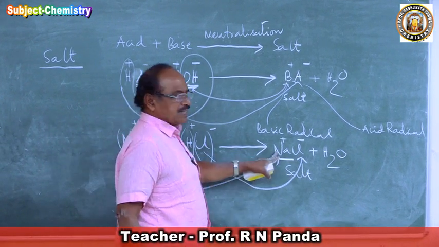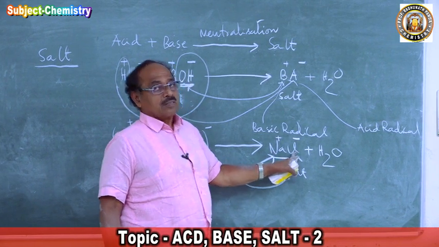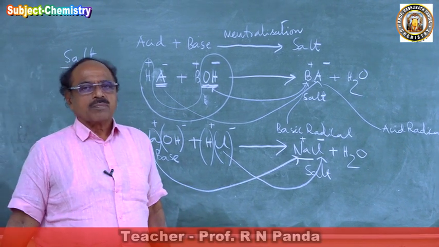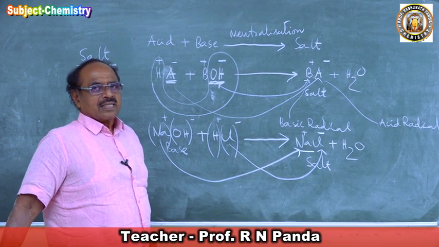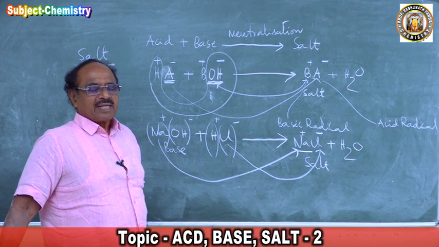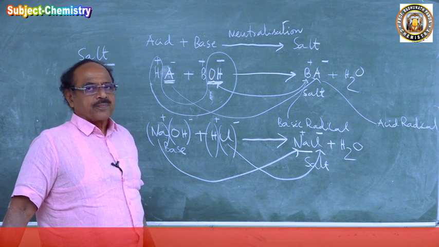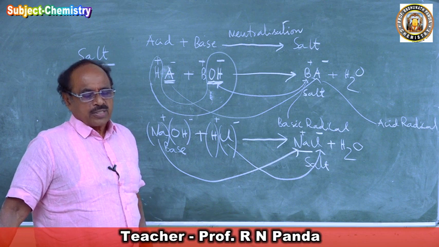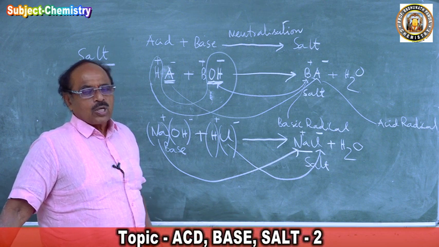So Na+ is called basic radical, Cl- is called acid radical. Now your doubt is clear: why are electropositive radicals called basic radical and electronegative radicals called acid radical? When an acid reacts with a base, it undergoes neutralization to form a product called salt.